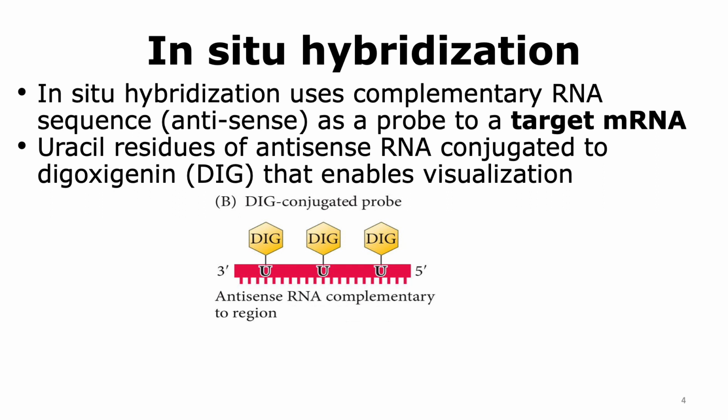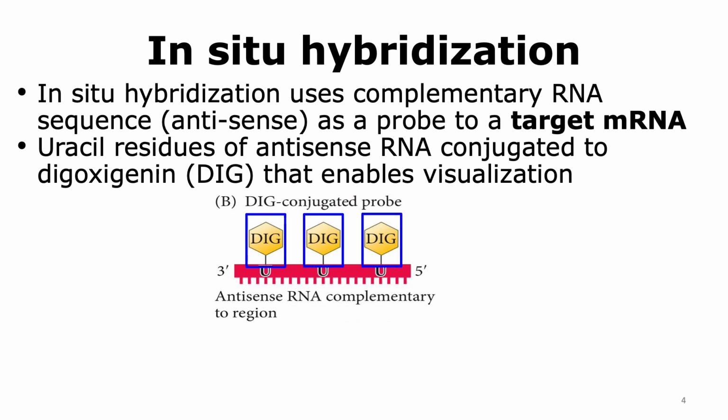So let us first look at in situ hybridization. In situ hybridization uses a complementary RNA sequence, also called an antisense RNA sequence, as a probe to a target messenger RNA. The antisense RNA sequence is modified in such a way that the uracil residues of that antisense RNA are conjugated to a molecule called digoxigenin or DIG that enables the visualization of that antisense RNA.